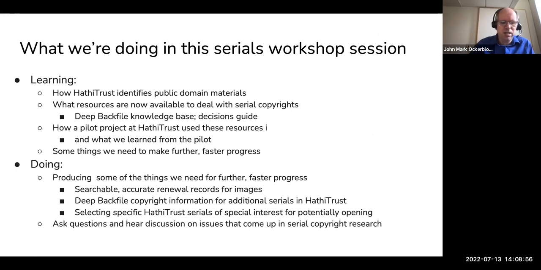And then finally, if you would rather participate in discussion, Christina will be leading a workshop in the main section, talking about practical issues that come up both with serial copyright research and with copyright research in general, which she's done a lot of.